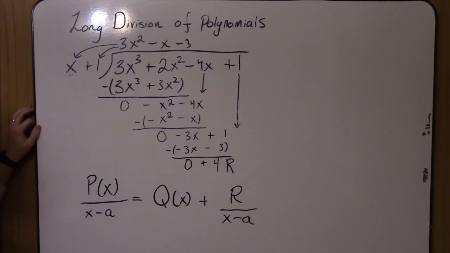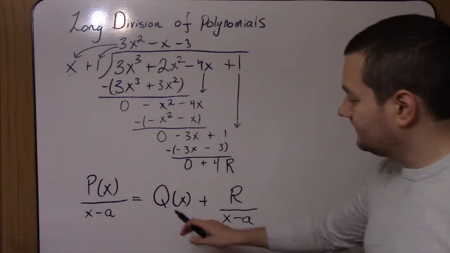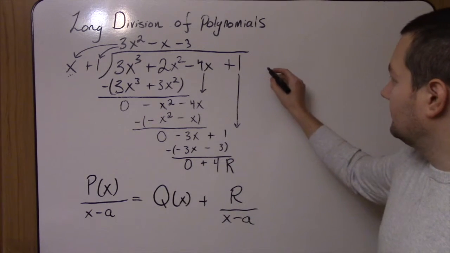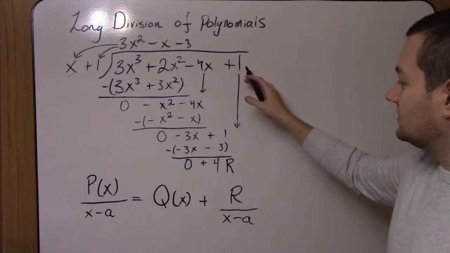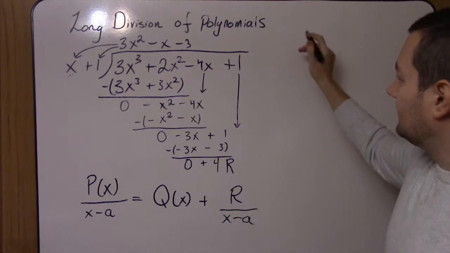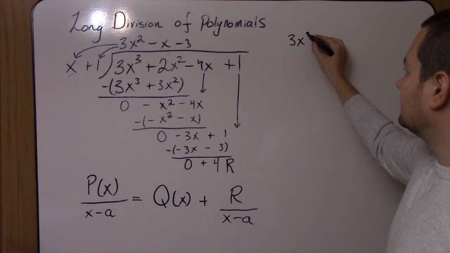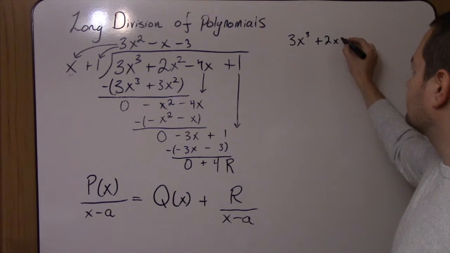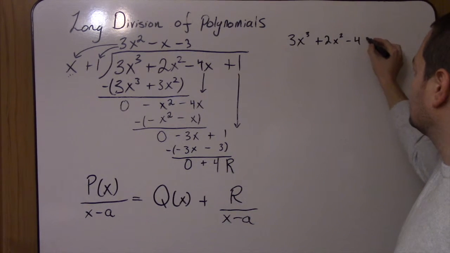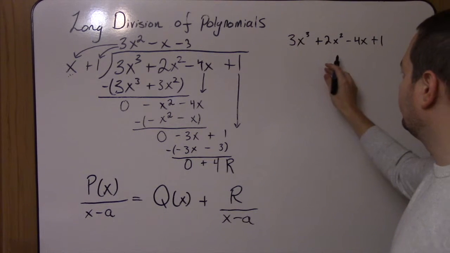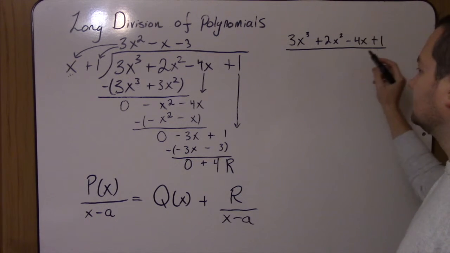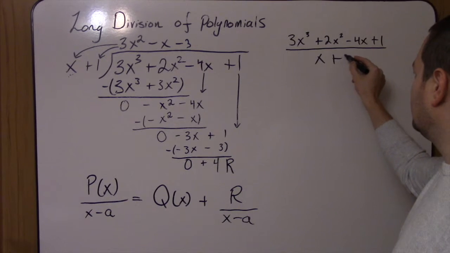So if I was to do this with my question that I have here, and I'm kind of running out of space on this thing, I'll do it over here on the side. If I were to do this with mine, so first of all, my polynomial, I'm not going to write that out because I just don't have the space. Actually, well, I can sort of maybe do this. So 3x cubed plus 2x squared minus x plus 1, all divided by x plus 1.